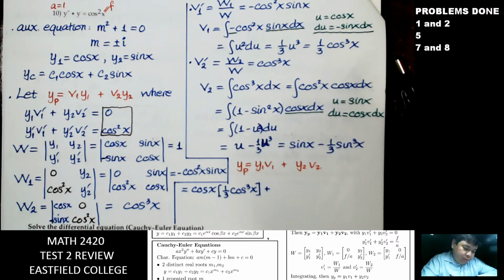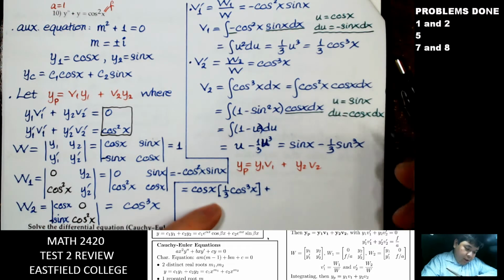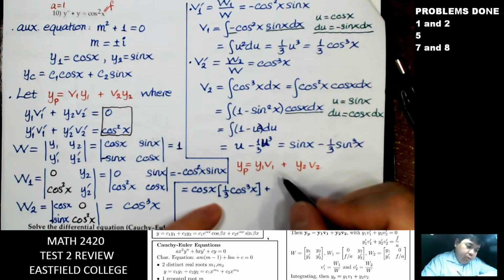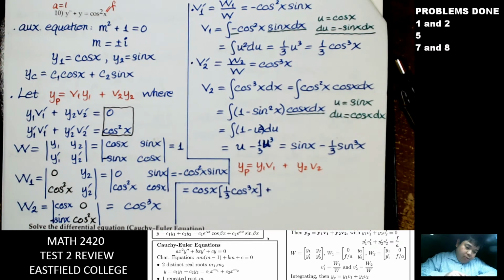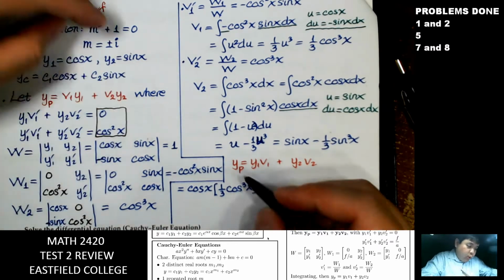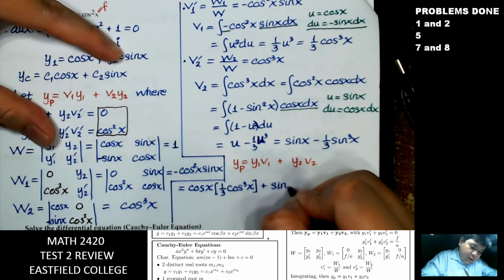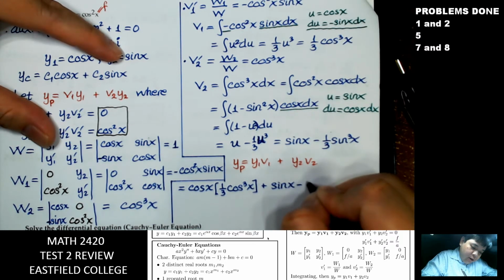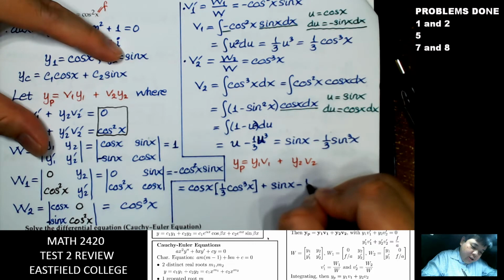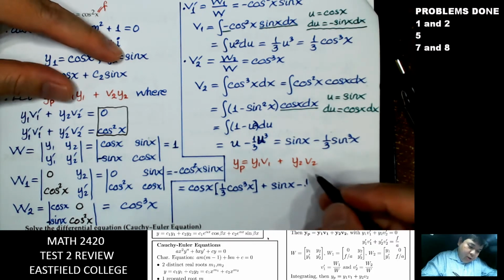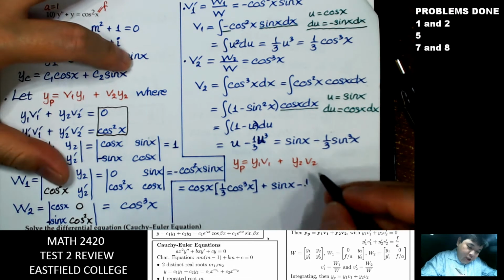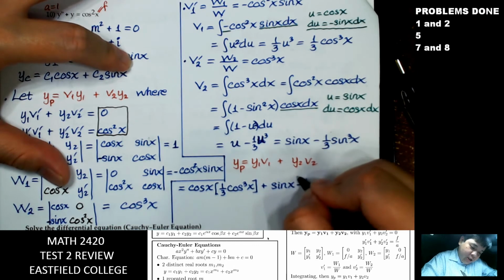Plus y2, sine x, minus 1/3. I'm sorry. That is y2, and then v2 is this.